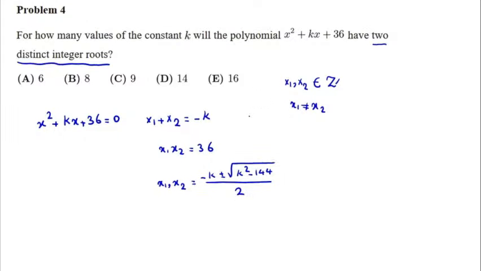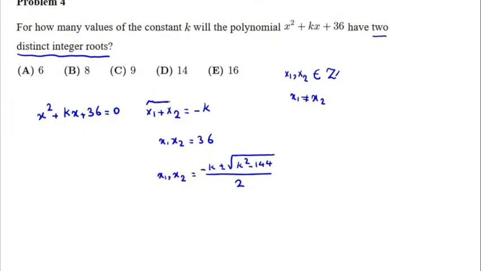Now, because x1, x2 are integers, their sum is also an integer, so k will also be an integer. Now, because k is an integer and the roots are integers, the inside of the square root should be a perfect square, and it shouldn't be 0 because we want distinct roots. We call this the discriminant.